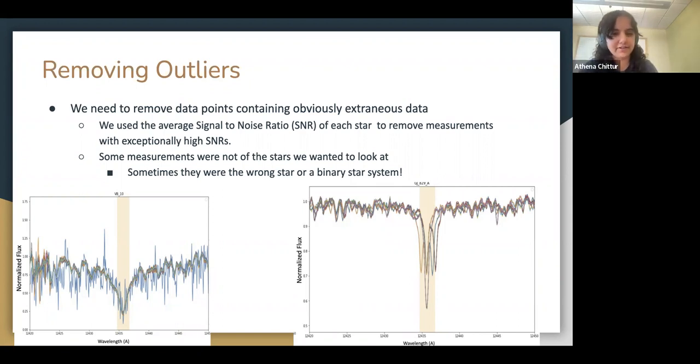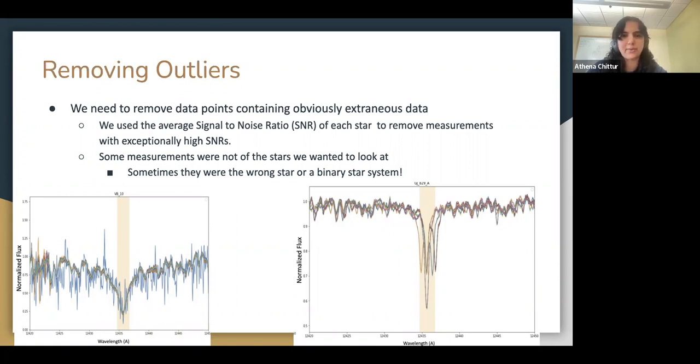So on the bottom left, the blue measurement, that's very obviously noisy. Any measurement that we get from that is probably not going to tell us much about the equivalent width, so we may just filter that out.